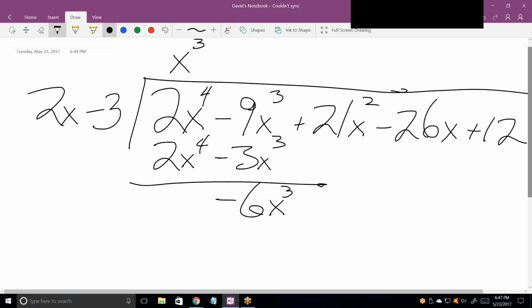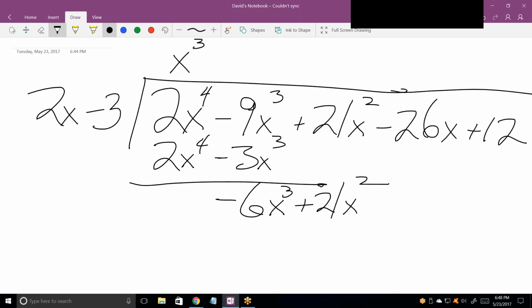Just like long division, we bring down the next term. Repeat. That's what I mean by it's strictly a repetitive process. Now we're going to do exactly the same thing again. Divide that into that. Then you get negative 3x squared.